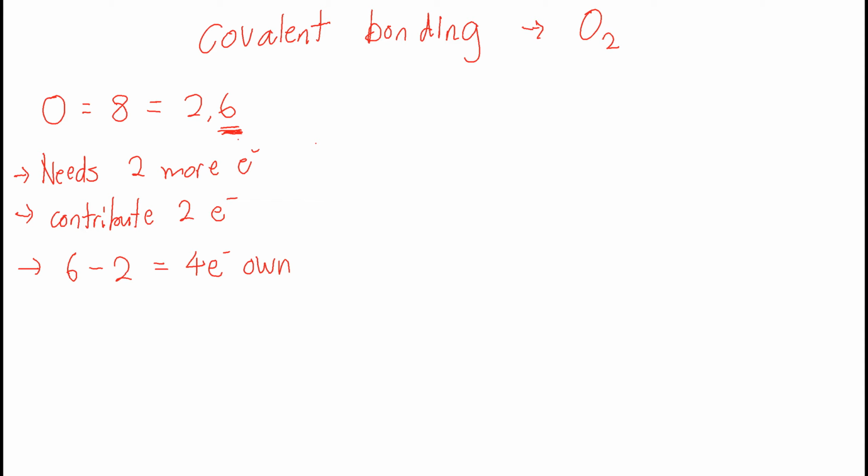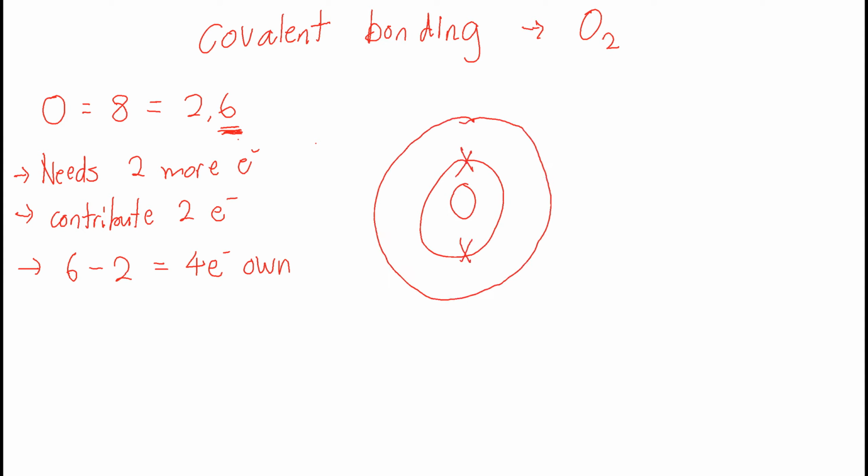So we can now draw the oxygen molecule electronic configuration. First, we draw 2 electrons in the inner shell, followed by 6 electrons in the outer shell, bearing in mind that 4 electrons belong to itself: 1, 2, 3, 4, and 2 electrons are involved in the bond.